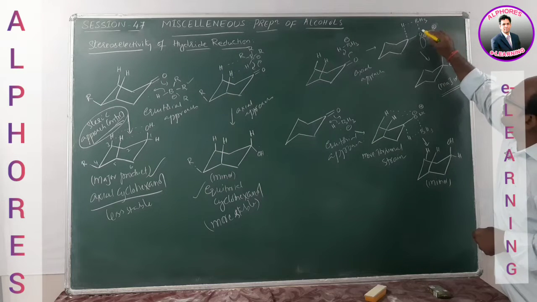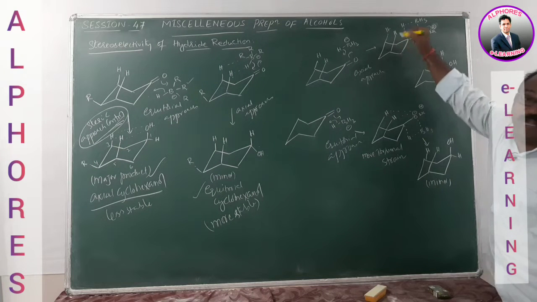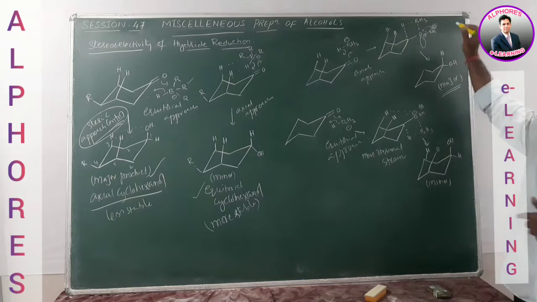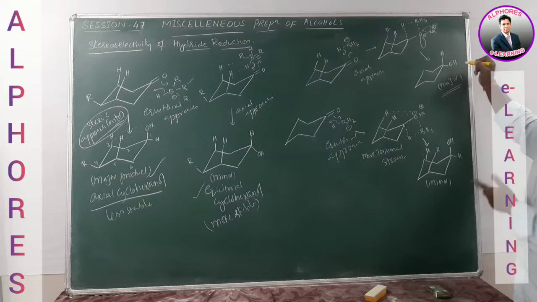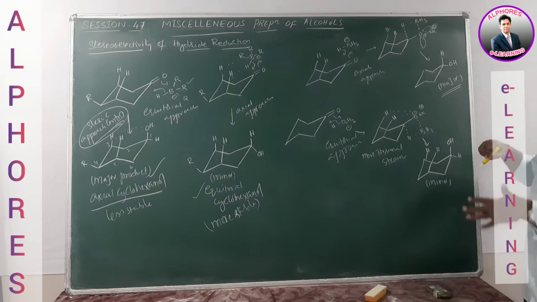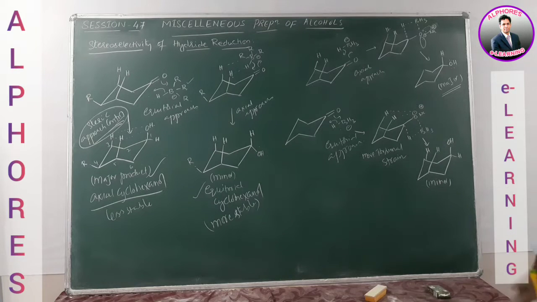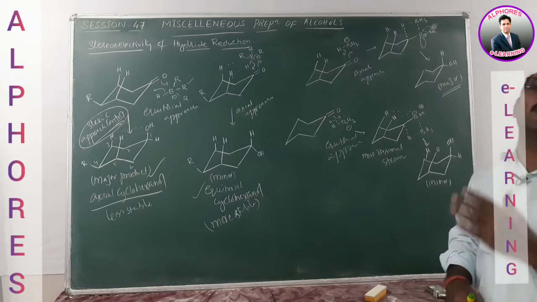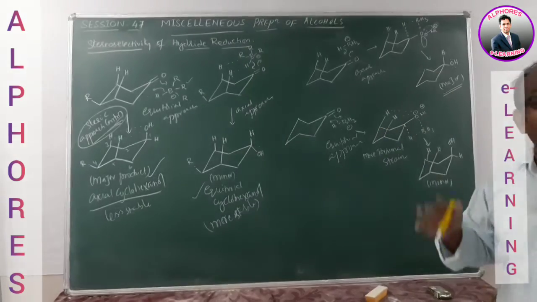These lone pairs of oxygen are projected far away from the 3rd and 5th hydrogens. And further here you are getting the product. This one is a less hindered product, with less torsional strain. The formed product is the more stable product, and in such a direction, the formed product is the major product.